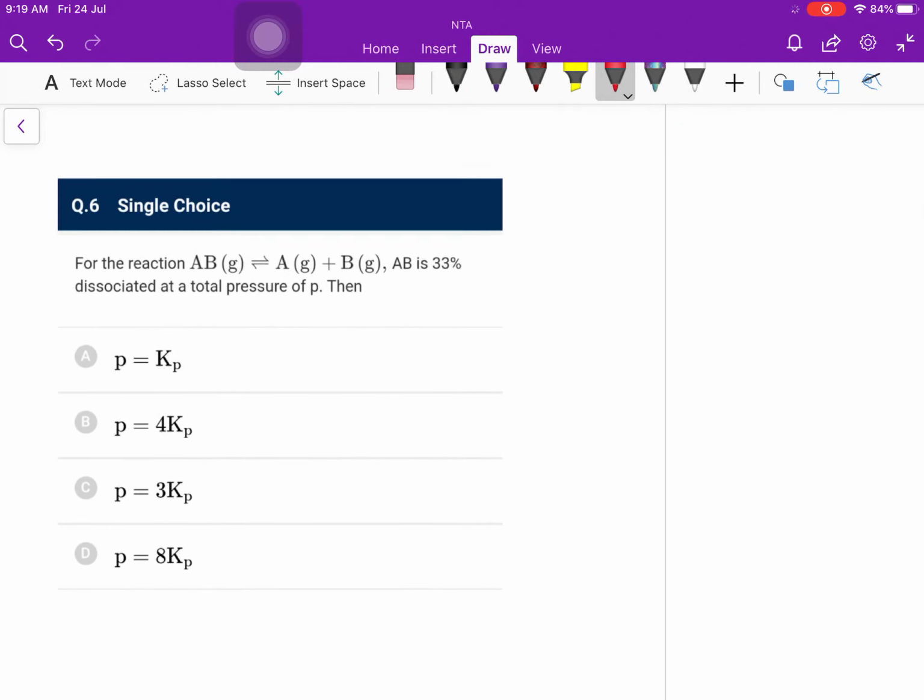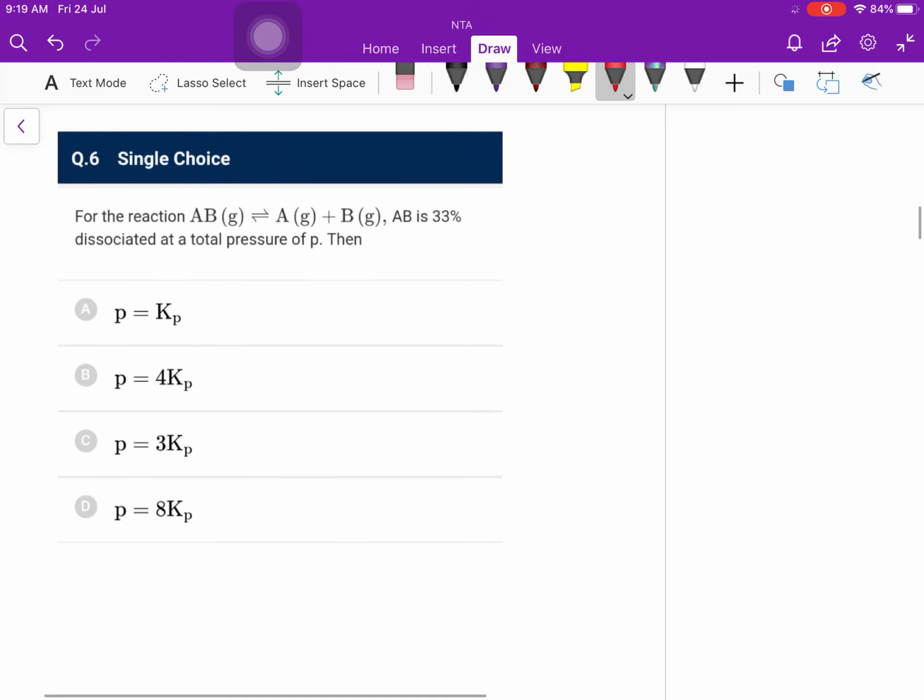For the reaction AB to A plus B, AB is 33% dissociated at a total pressure of P. So everything that has been asked is an intensive property, so you can assume the reaction is AB gas giving A gas plus B gas. Let us assume that it has initially 1 mole.